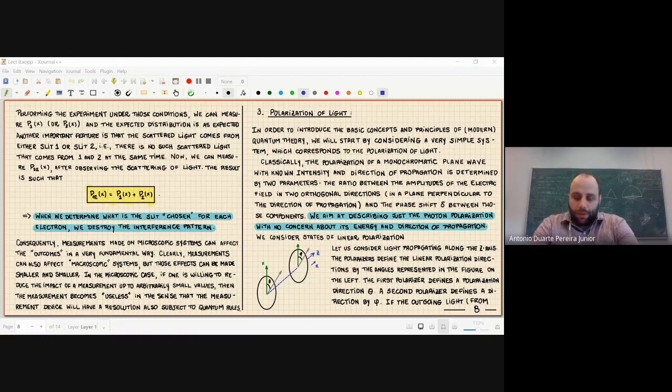So the thing that I want to describe is the following. I want to pass light against the first polarizer, then some polarized light will come out, and then I will place another polarizer and look at the final beam of light that appears after the second polarizer.